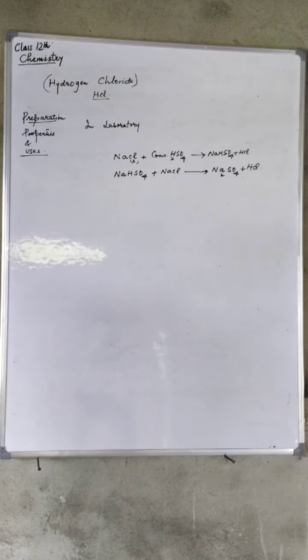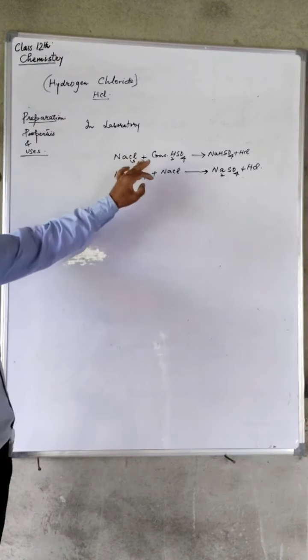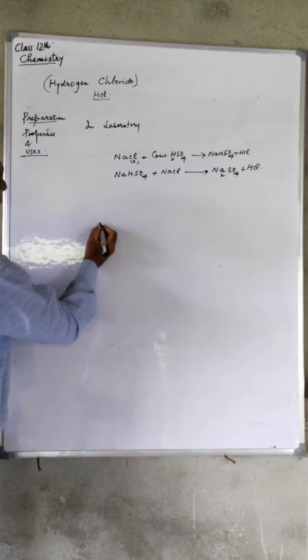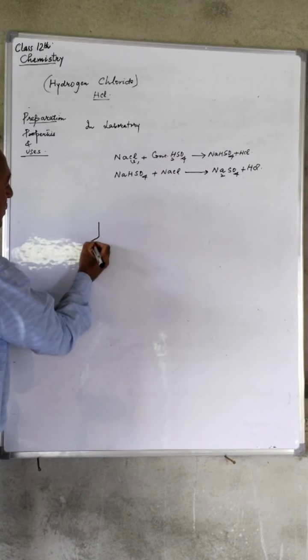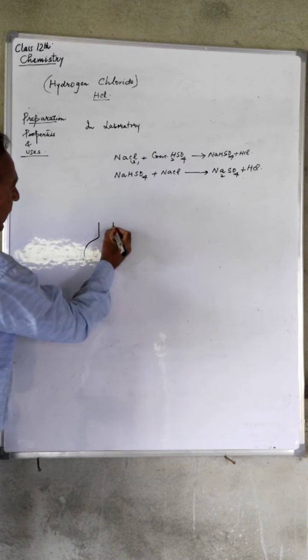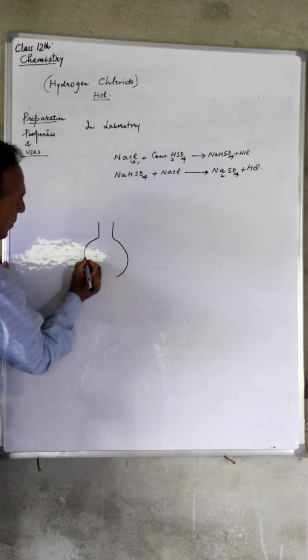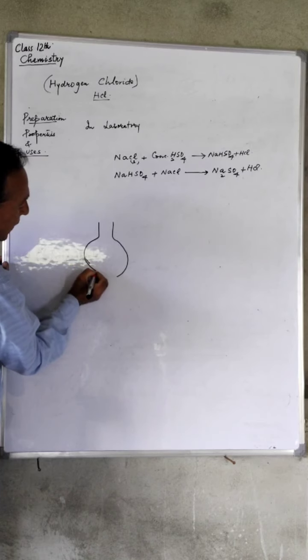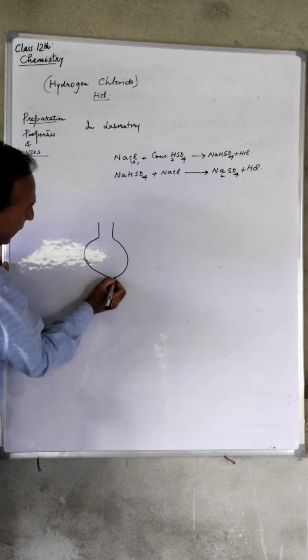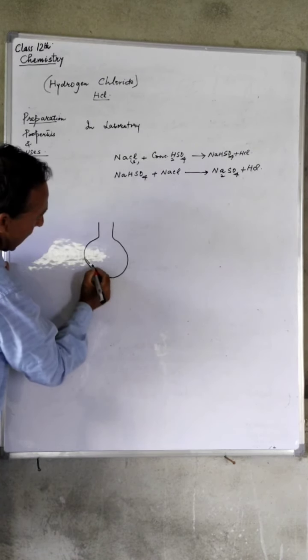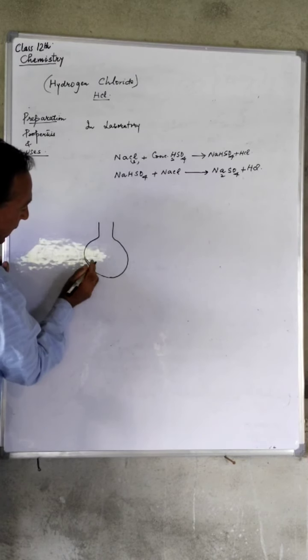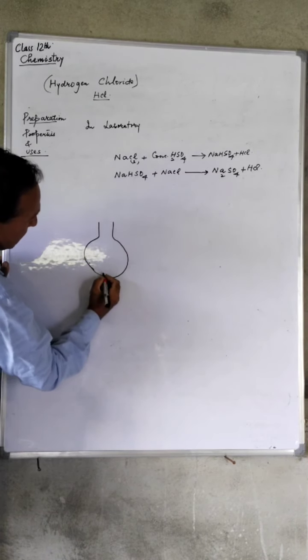So, how do we prepare this in the laboratory? We are taking a round bottomed flask.